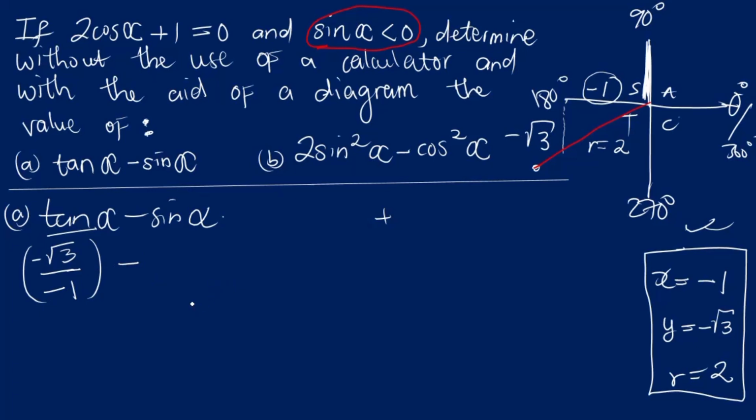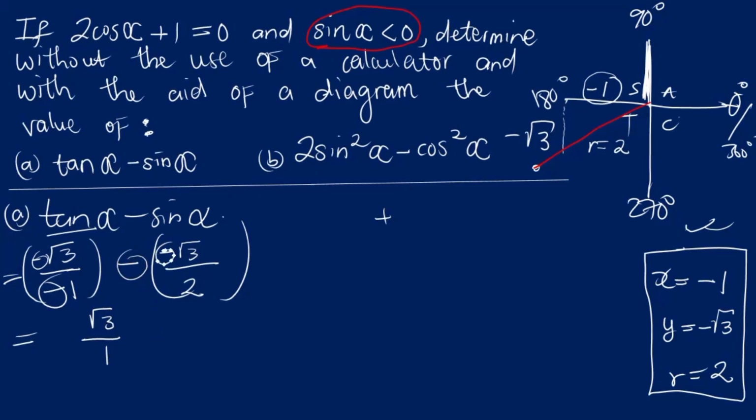And then what does my sine compare? My sine compares y, which is -root 3, over what? The hypotenuse, which is 2. Now when I have it, let's take it step by step. Let me not rush. Negative and negative gives me what? It just gives me a positive. And negative over positive 2 gives me what? It also gives me a negative.